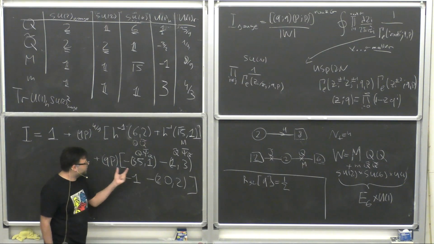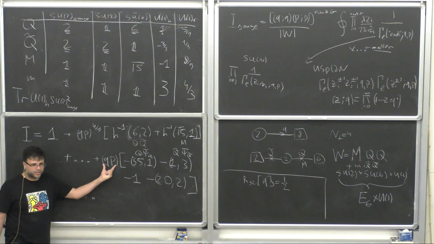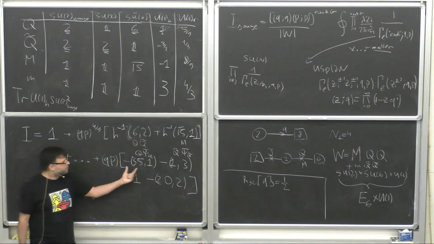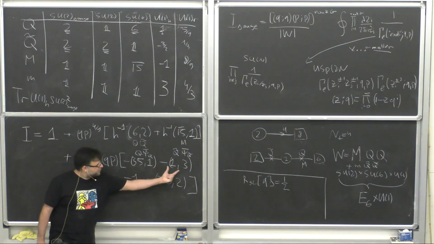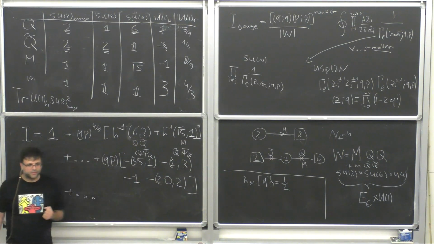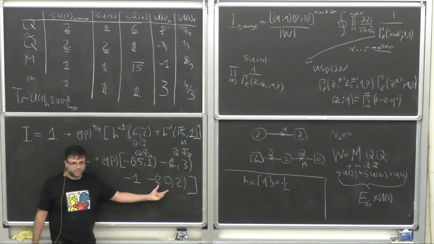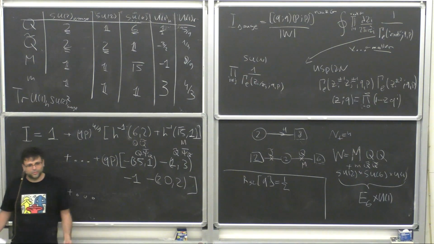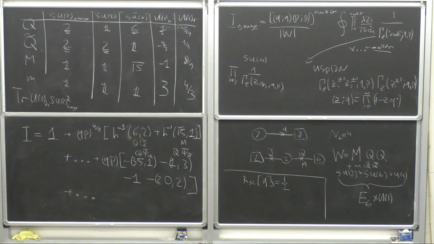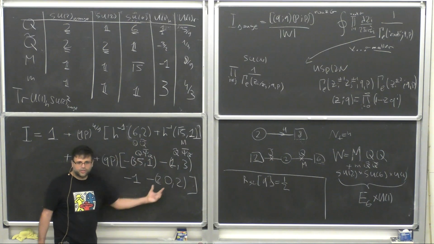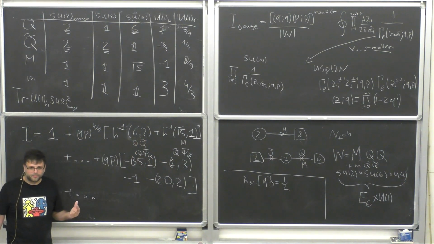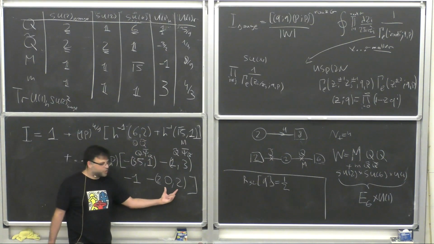If we do that, we compute the index and we look at order QP, we should see marginal operators minus conserved currents. We identify some pieces as conserved currents we expect, but then there is an additional piece. So it has to be, if this assumption of no accidental symmetry is correct, that this whole thing is an adjoint representation of some group. Is this an adjoint representation of some group by itself?